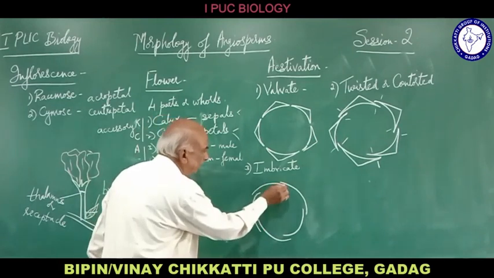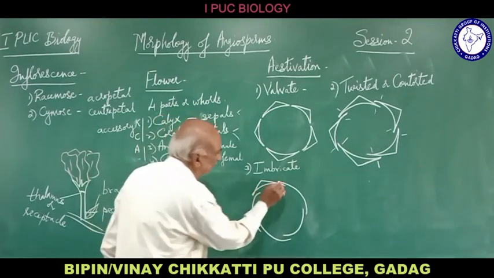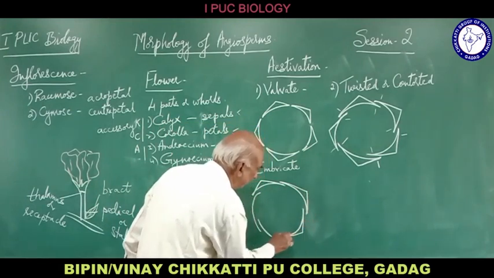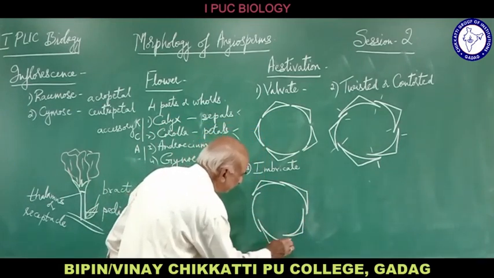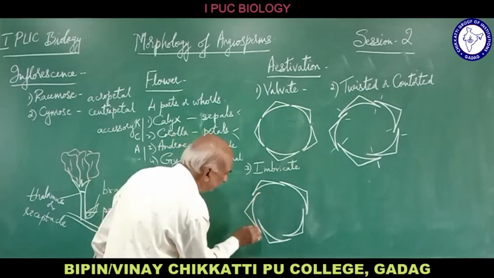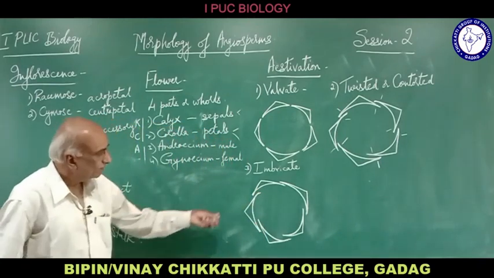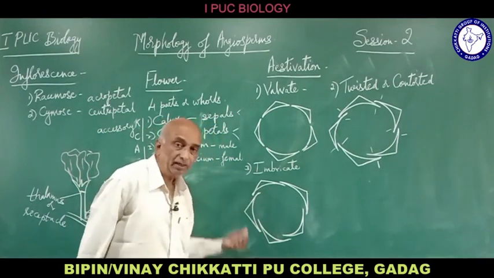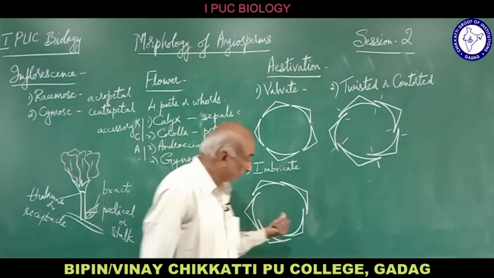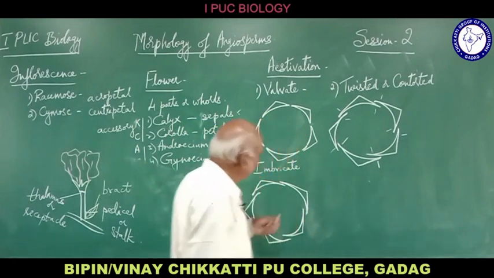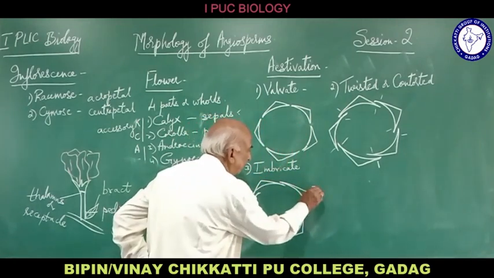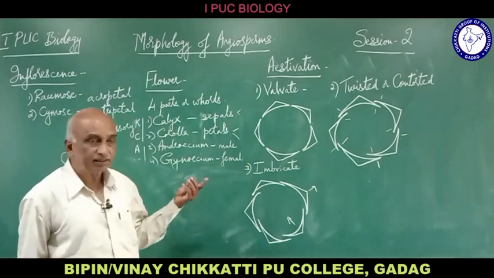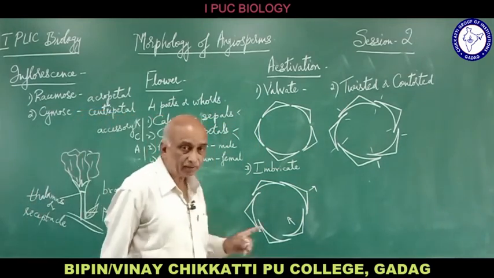You can see the difference between twisted estivation and imbricate estivation. Out of the total sepals or petals, one is completely outside and one is completely inside. The remaining are arranged in twisted or contorted estivation.